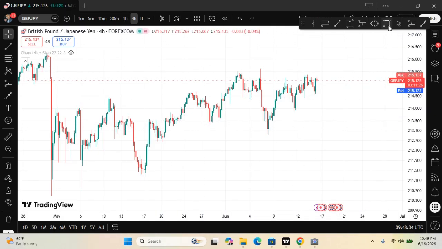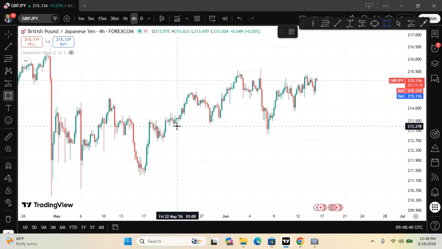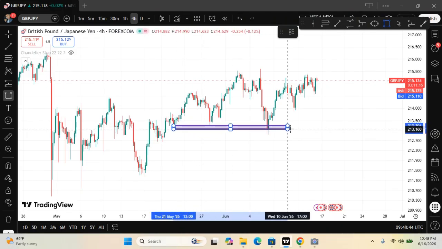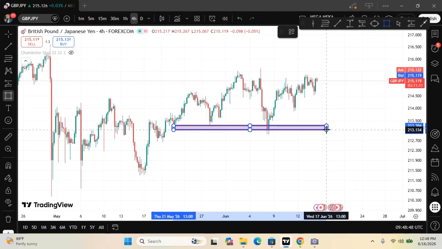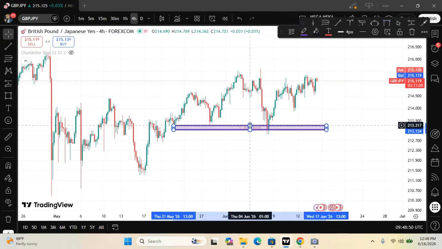What I would do, I would get my tool, which is the rectangle tool. I would get it and I will draw underneath my support a rectangle.